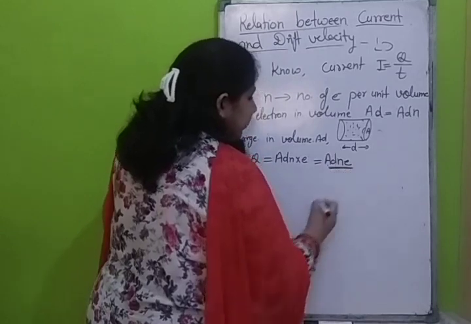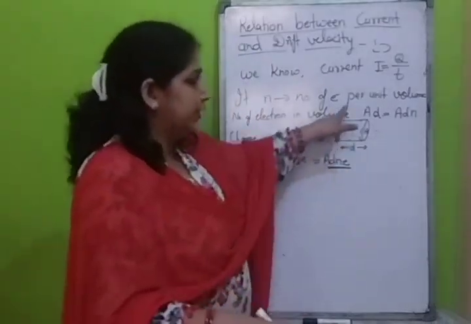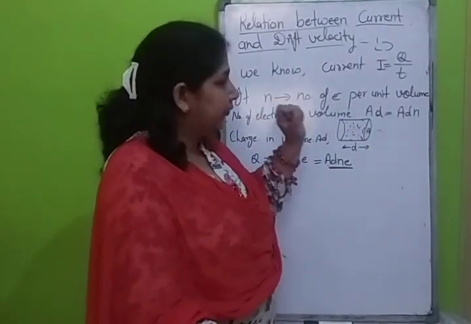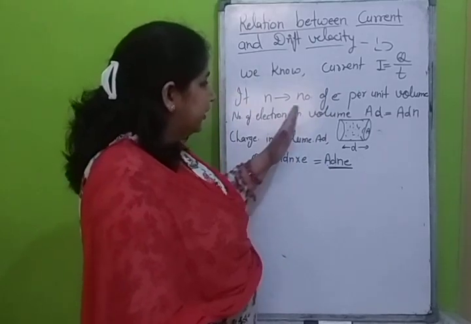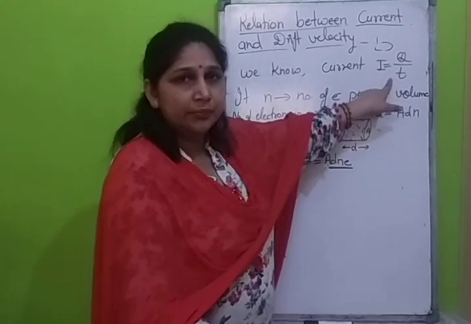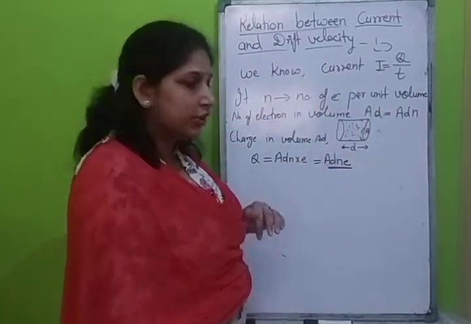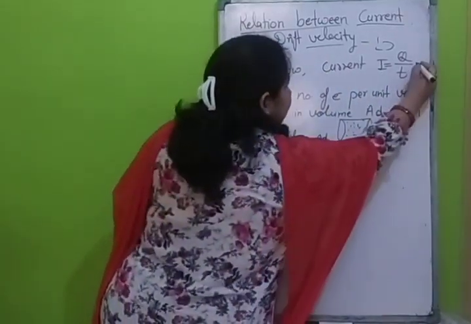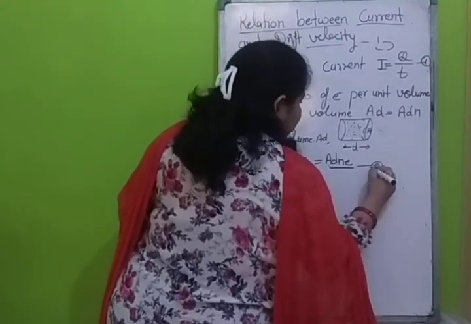This is the total charge which is present in this volume. Now, suppose we have considered these charge crossing this cross section area in small t time. Got it? And with which velocity? Put this equation 1, this 2.